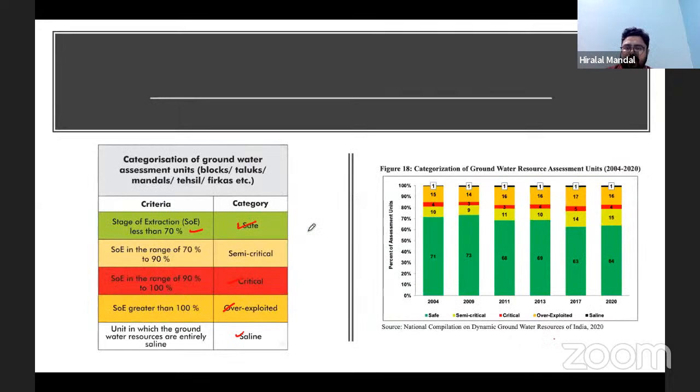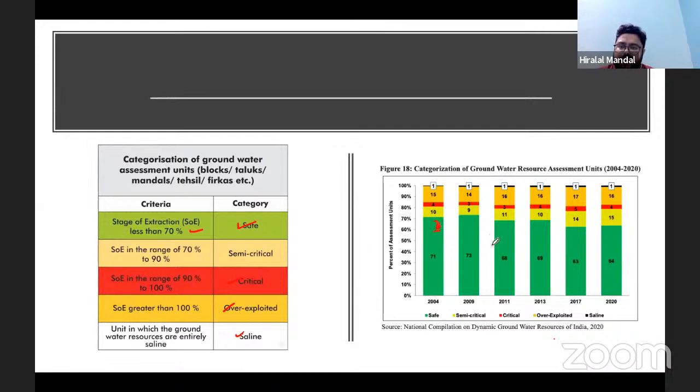Now what is important to look at is the safe stage of extraction, the extraction level. The extraction level was 71% at one point of time in 2004, so it was under the safe category.